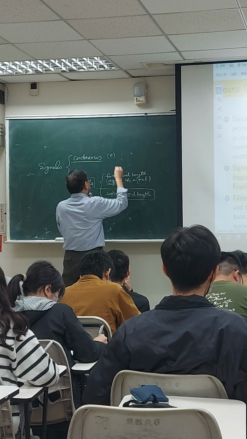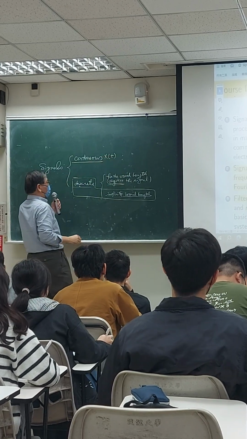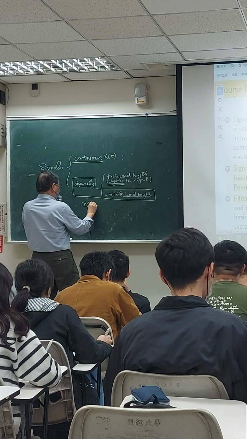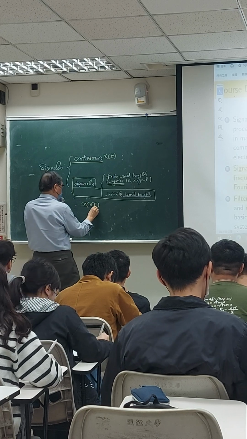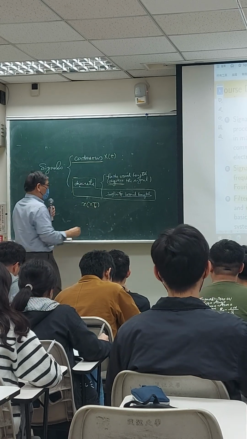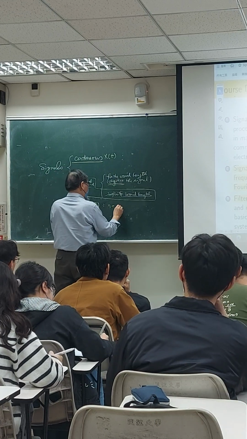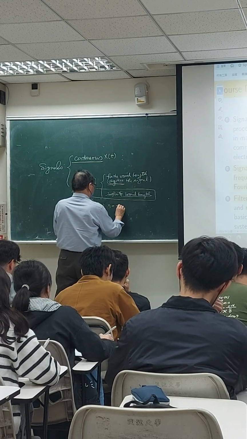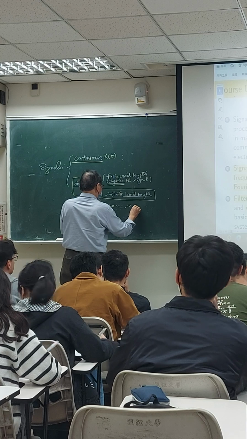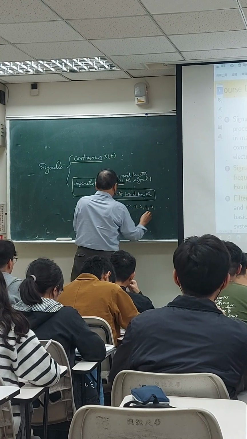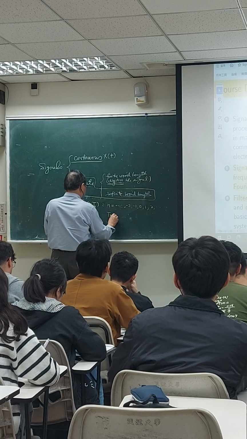Discrete system. For discrete system, we use the notation, say f of n, t, or nTs. Okay? Where n can be negative, and Ts, that's the sampling time.